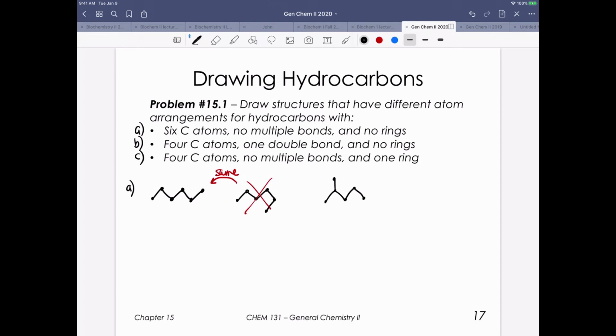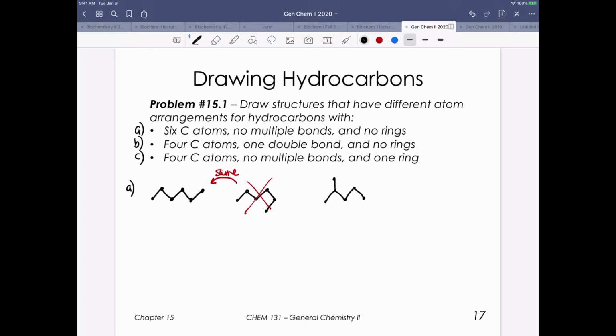Another way to think about this is as I'm drawing, notice here when I drew this first guy, 1, 2, 3, 4, 5, 6, with this guy, I didn't have to lift my pen. That's an indication that that was the same guy. Watch for this guy. 1, 2, 3, 4, 5. I had to lift up my pen. That tells me that it's one of those constitutional isomers. I have things connected in different ways.